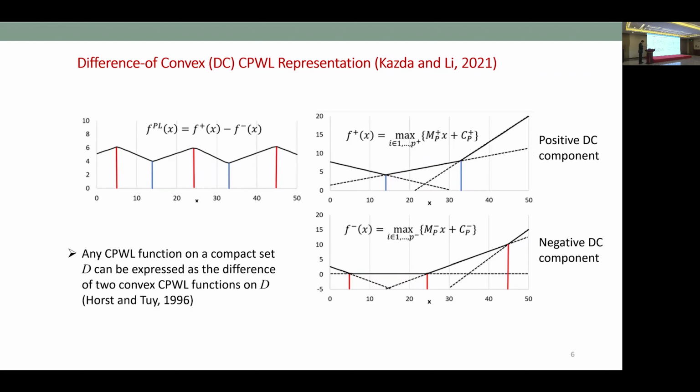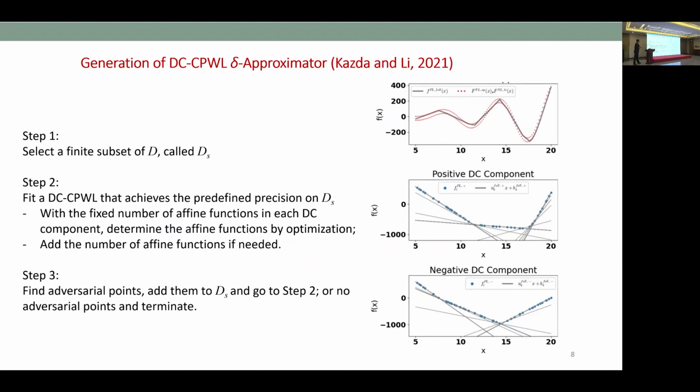It is generated by the difference of two convex piecewise linear functions, and each component is determined by the maximum of a set of affine functions. With this idea, and with the converging flow chart that has been applied for single variable univariate functions, we can systematically generate piecewise linear functions with guaranteed precision for functions of any dimension.